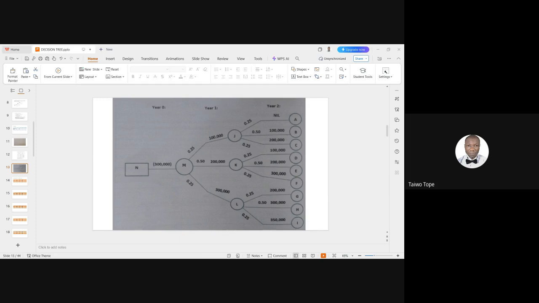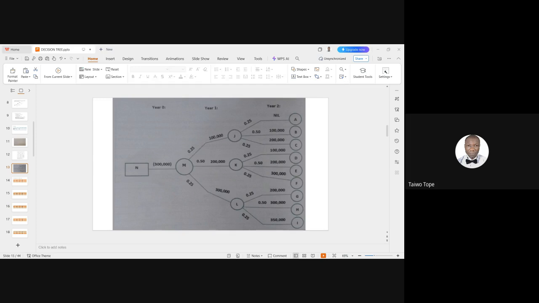I actually don't want to solve this question because I've solved it before. So please, in your book, node A, we need to get the NPV for node A.